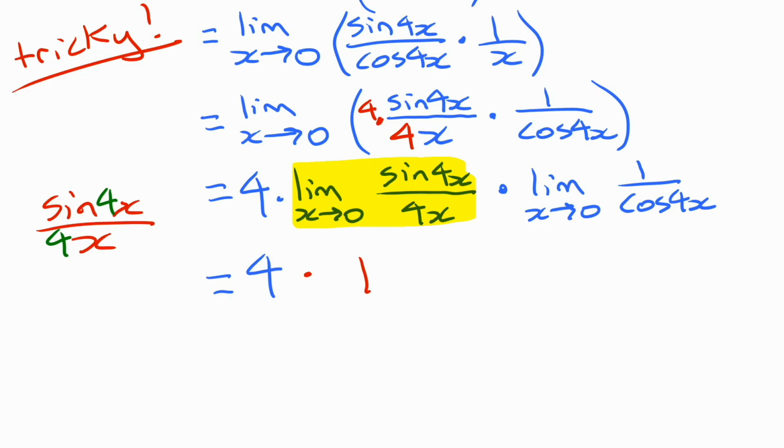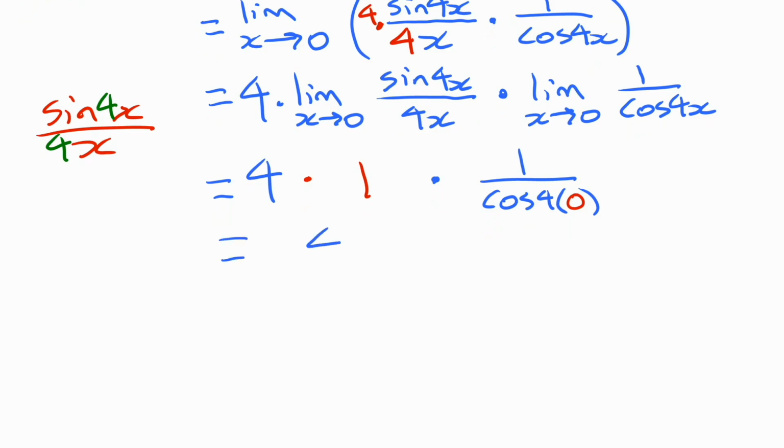And then this limit of 1 over cos 4x here, we can use substitution on that, because when you substitute in cos 4 times 0, that's going to be something we can evaluate. So we have 4 times 1 is 4, and then we have times 1 over cosine of 0.